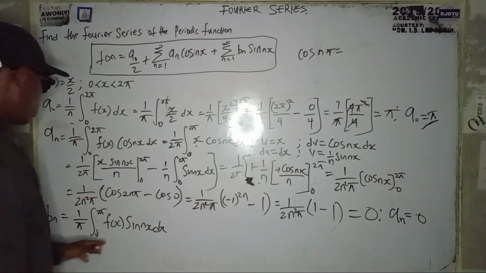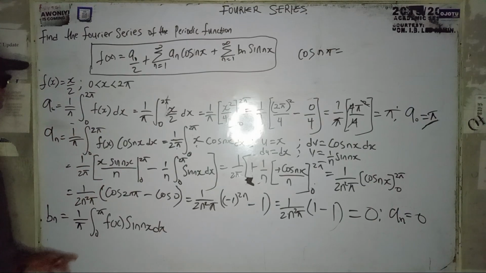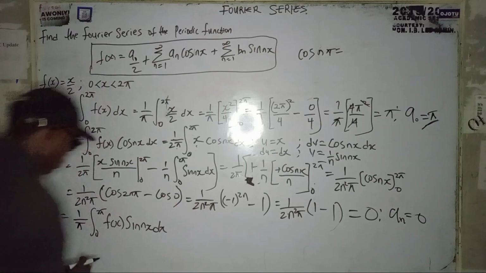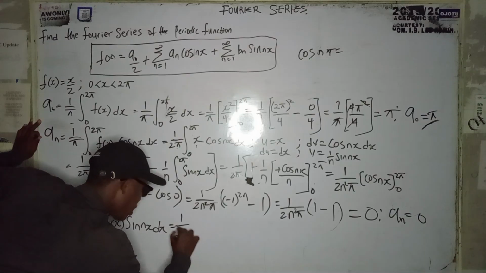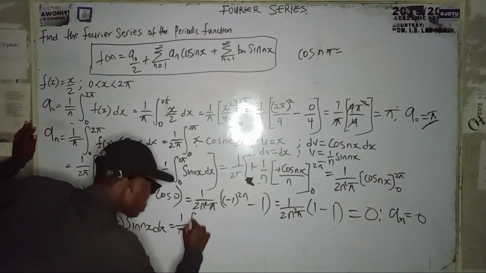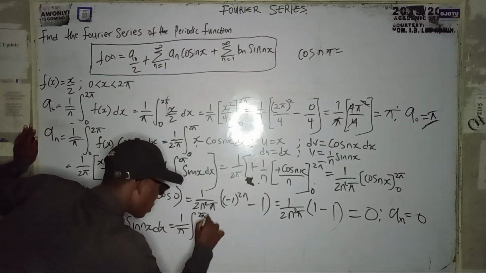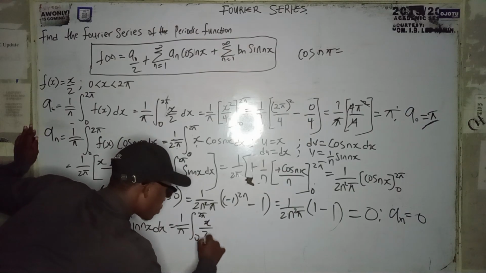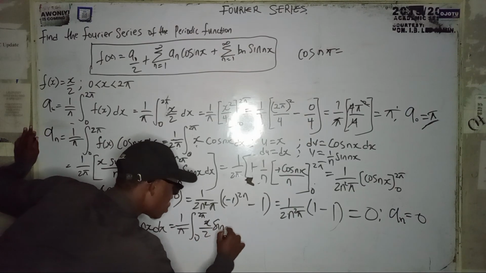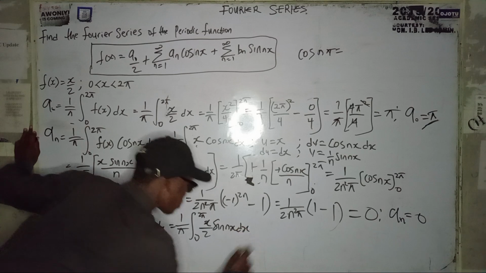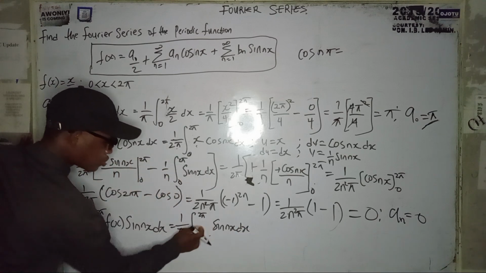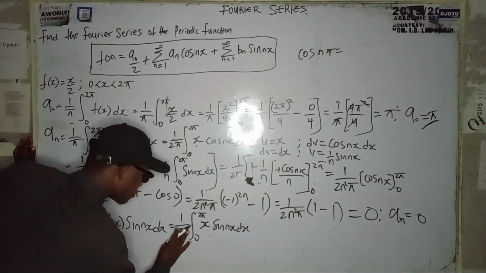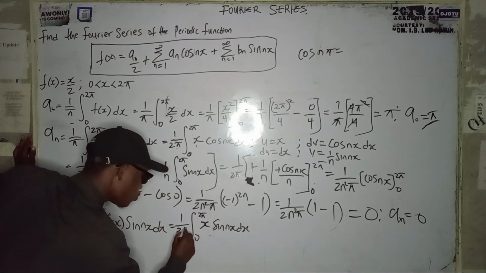So now our f of x here is equal to x over 2. So that means it's equal to 1 over pi times the integration from 0 to 2 pi of x over 2 sine nx dx. So we can bring out our constant 2 out here. So it will just remain x, and therefore this will become 2 pi.